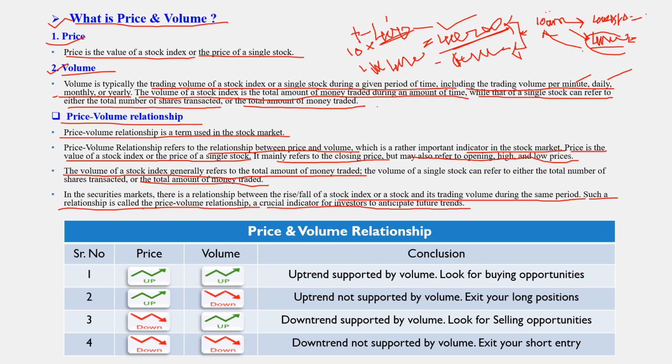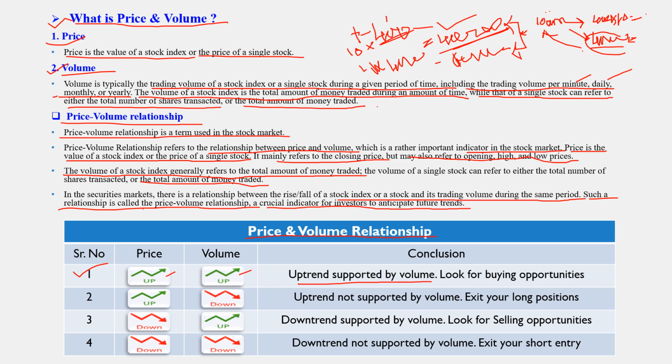I analyzed some relationships in the images of price and volume relationship, right? So I will explain them one by one. The first is when the price is going up and volume is also going up, that is a strong uptrend supported by volume.